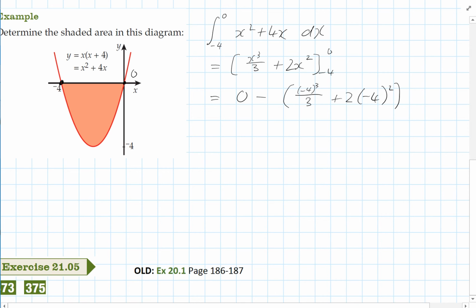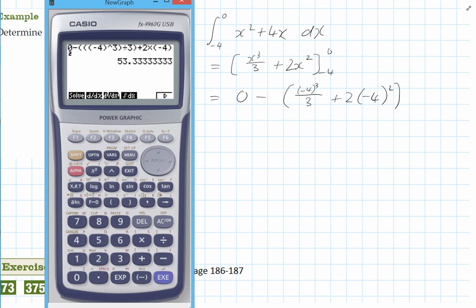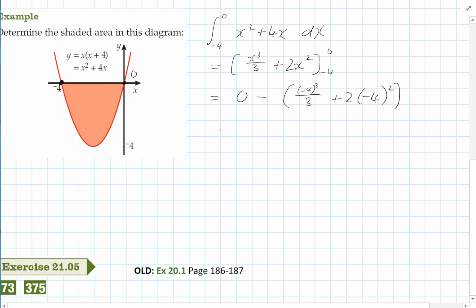Okay, while my computer sorts itself out, we'll just go back to the integral and work it out to check that answer of 53 is correct. So put in the integral x squared plus 4x, and we're going from -4 to 0, and that gives us -10.6 recurring.